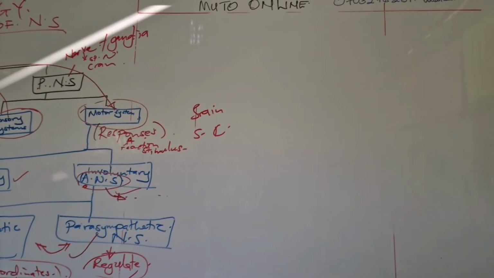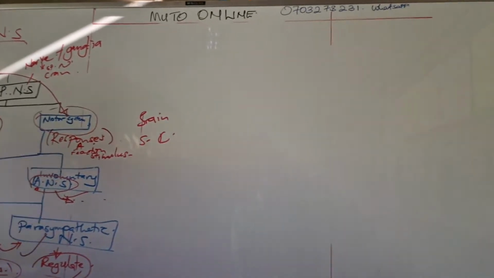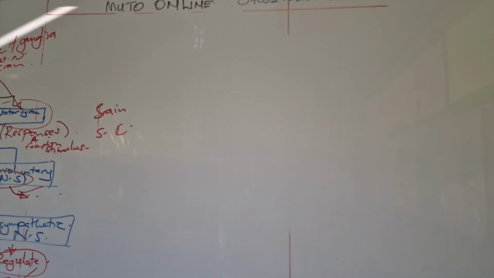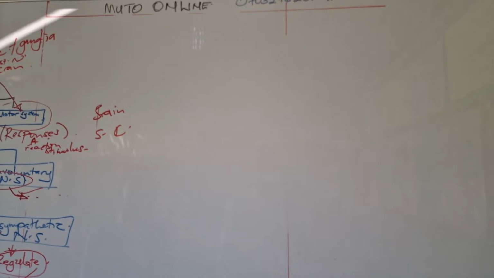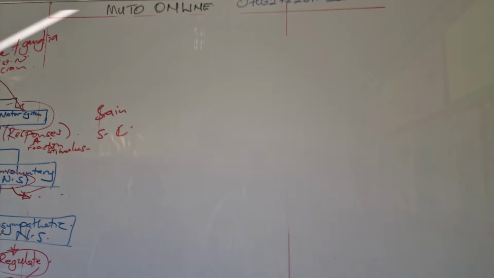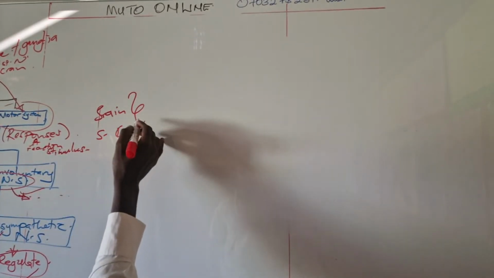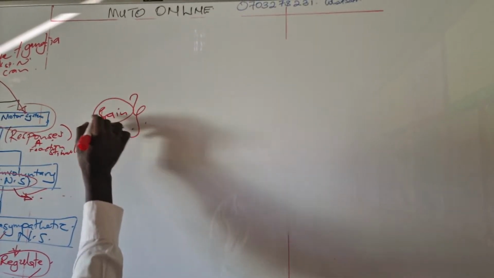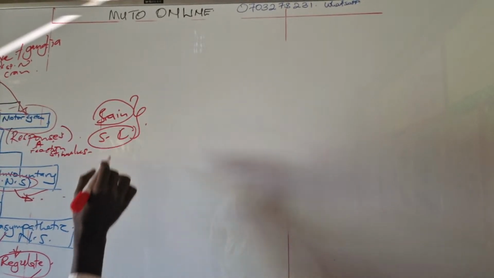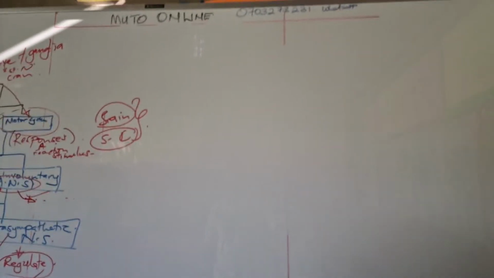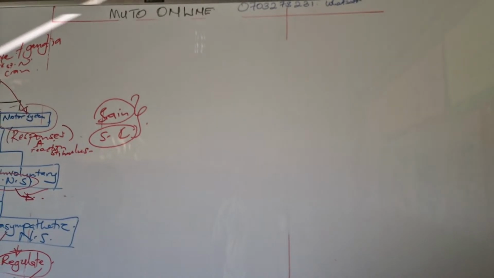We've given the major functions of the central nervous system. The functions of the central nervous system include the functions of the brain and the spinal cord. I'm going to look at them in details down there.